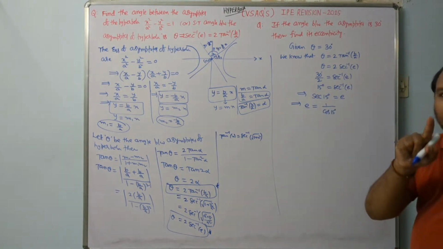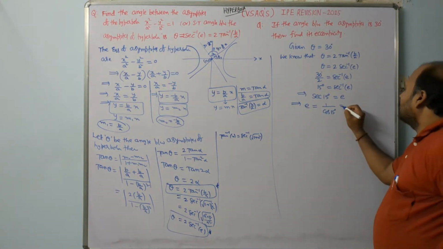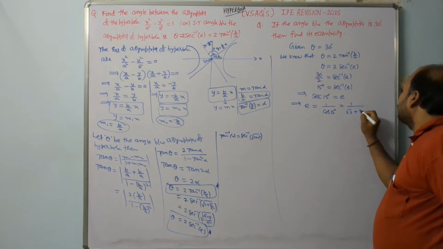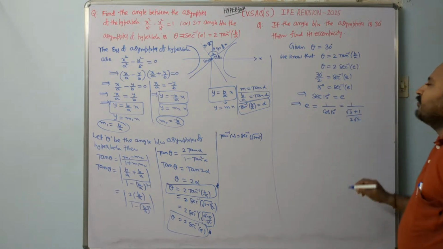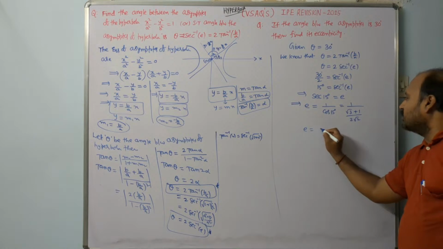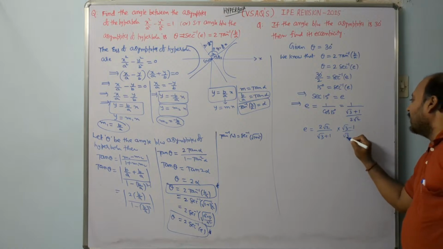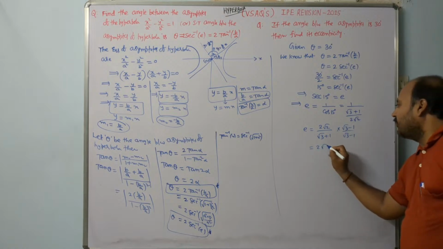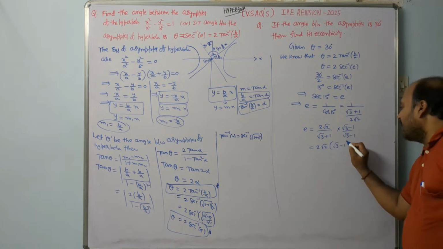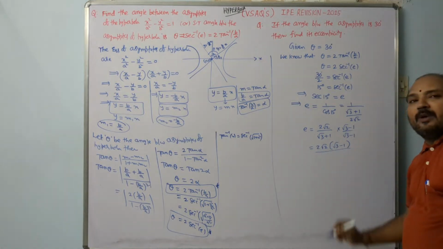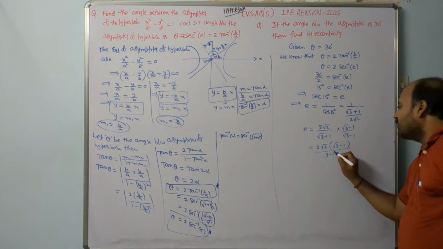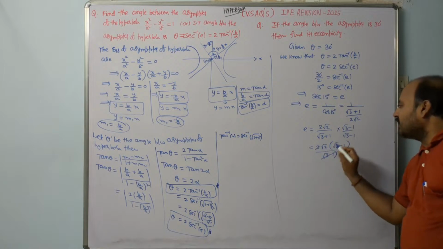Cos 15 you can write as cos of 45 minus 30. So 1 by root 3 plus 1 divided by 2 root 2, which is also equal to 2 root 2 divided by root 3 plus 1. Multiplying and dividing by root 3 minus 1 will bring it into the form of 2 root 2 into root 3 minus 1 divided by a plus b into a minus b, a square minus b square, 3 minus 1. 3 minus 1 means 2, which gets cancelled.